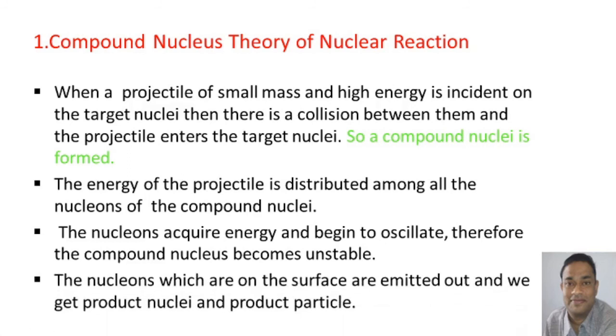All the nucleons are vibrating, so the compound nucleus becomes unstable, and the nucleons on the surface get emitted out, and because of this we get the product nuclei and the product particle. This is one theory, the compound nucleus theory, which explains the nuclear reaction.